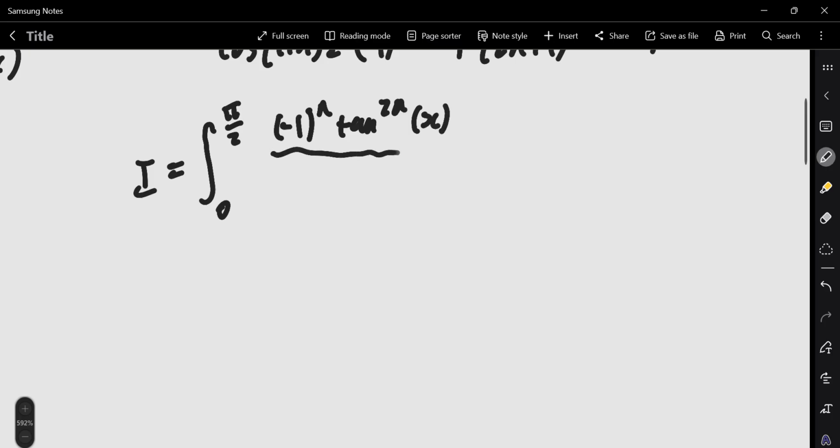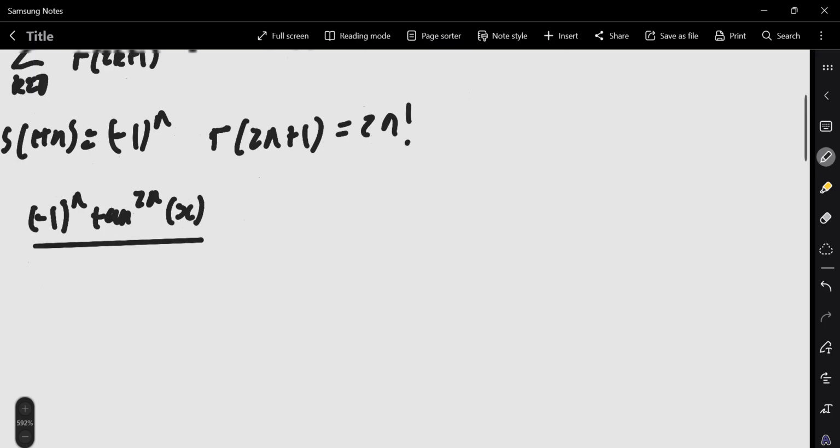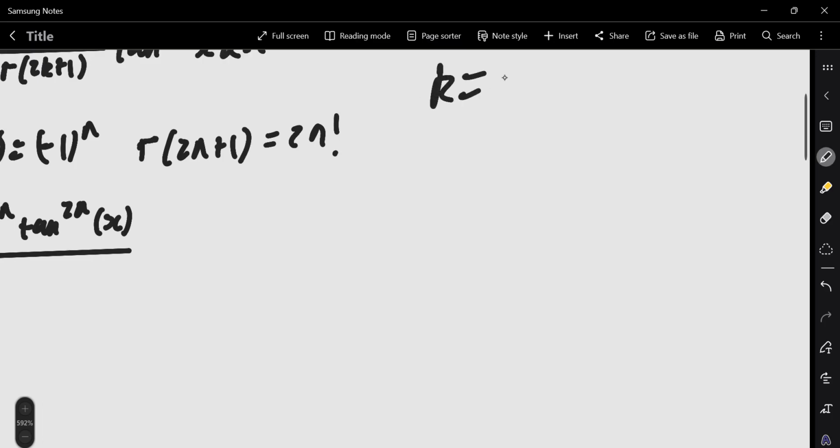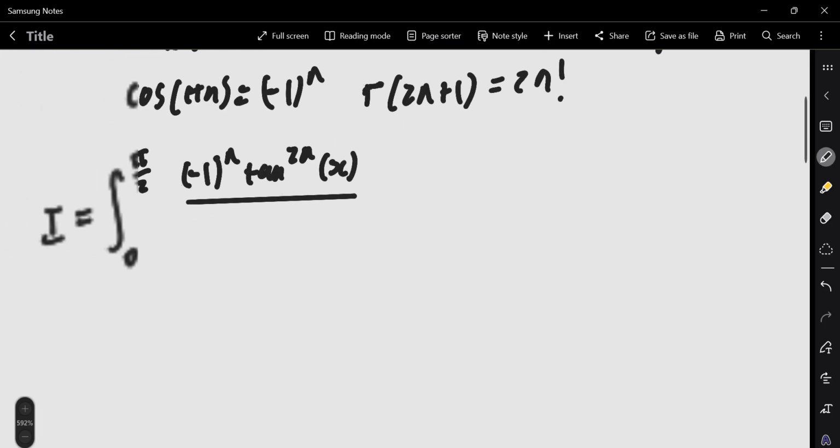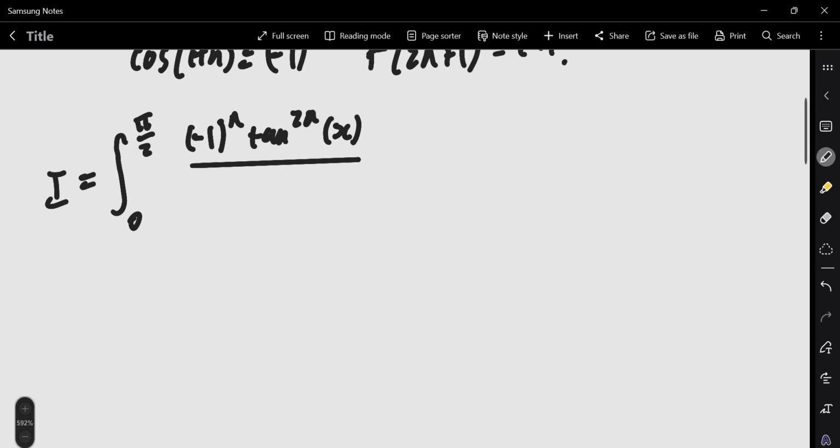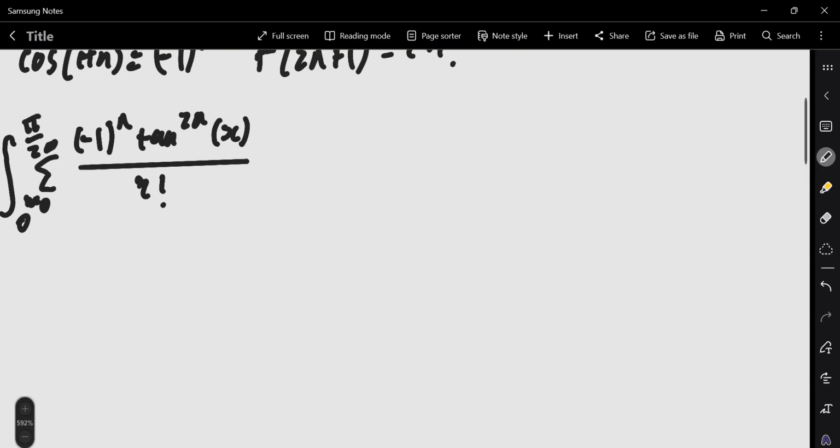I know I'm jumping between k and n. I will use these terms interchangeably. No, we don't need the gamma. We've just spoken about this. Over 2n factorial, sum from 0 to infinity, dx.